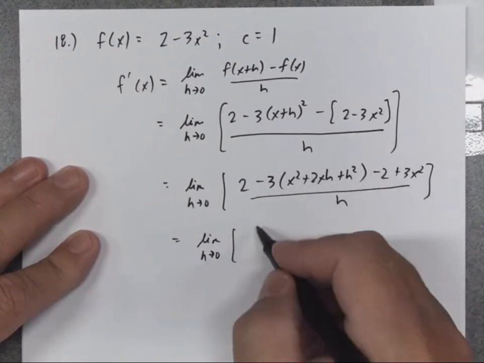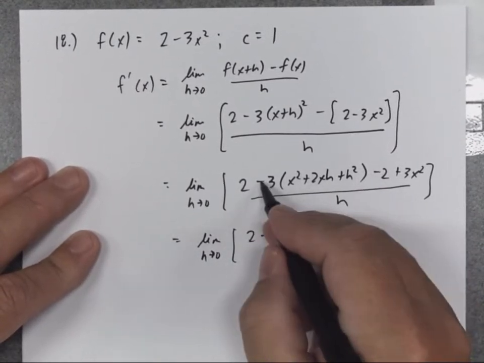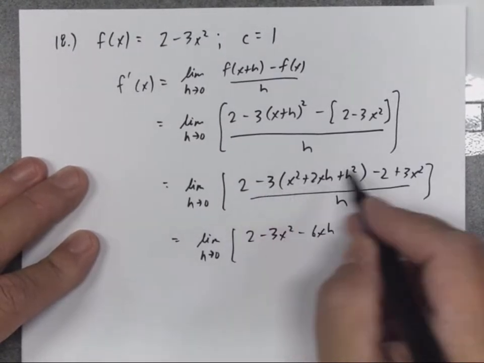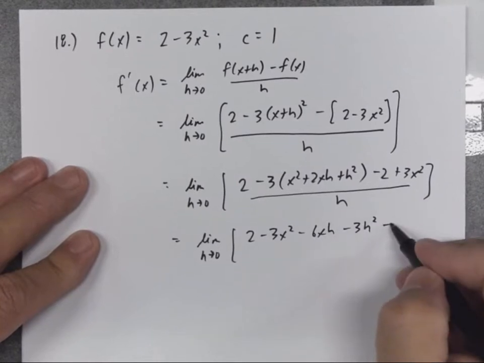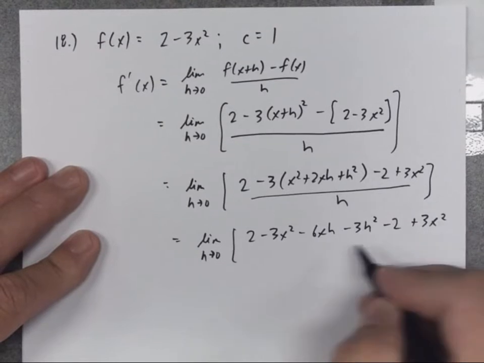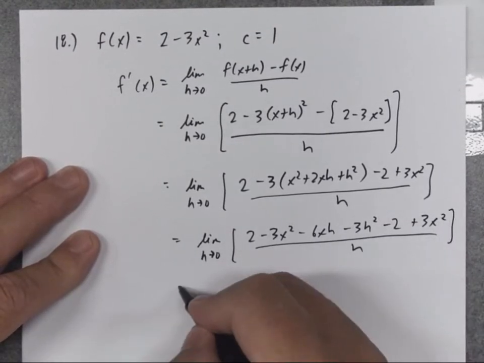Now let's get rid of these parentheses. So 2 minus 3x squared minus 6xh minus 3h squared minus 2 plus 3x squared. So you can see this is just a lot of busy work.